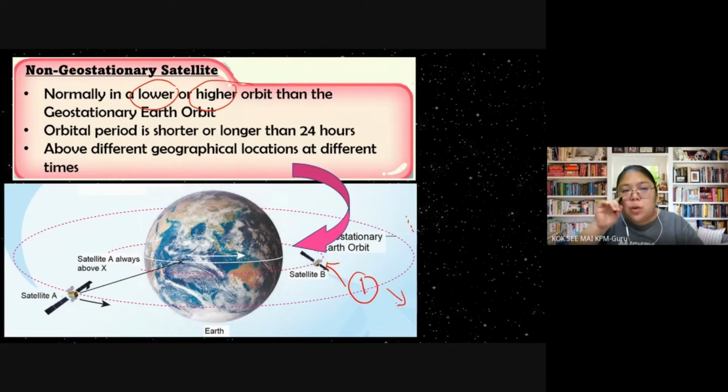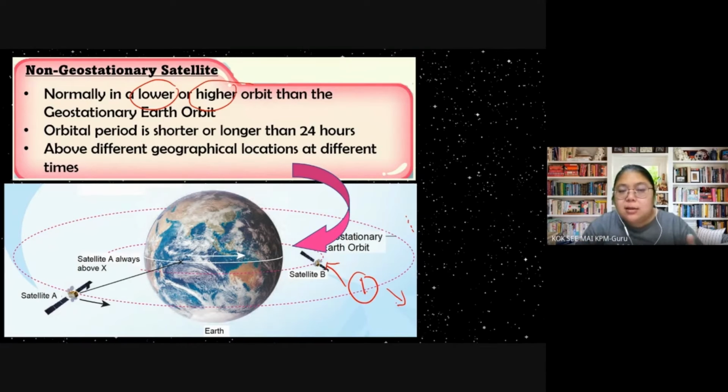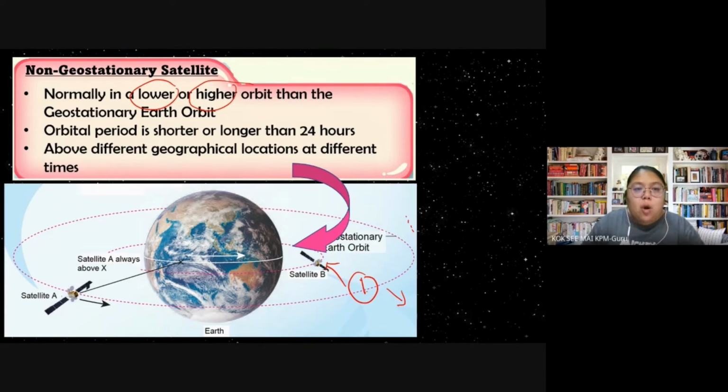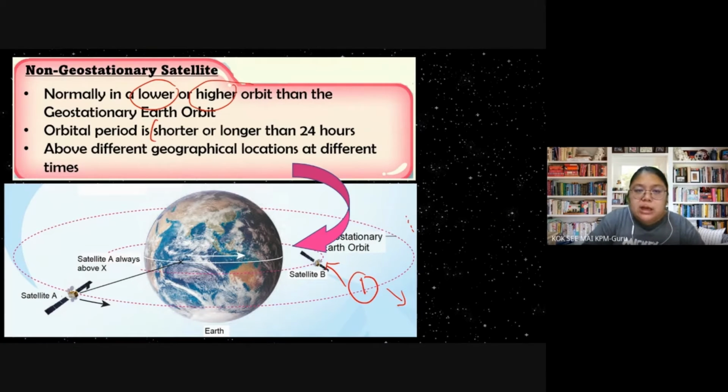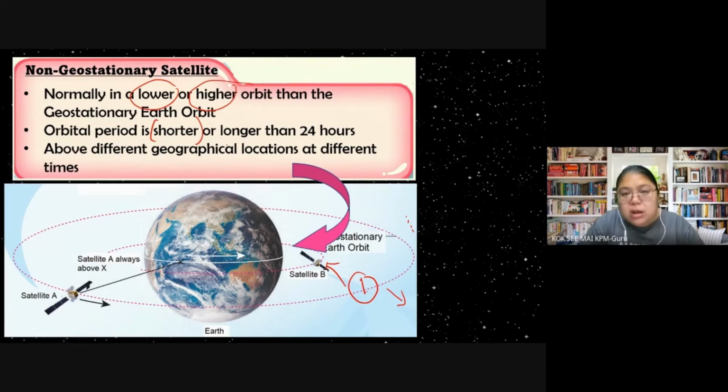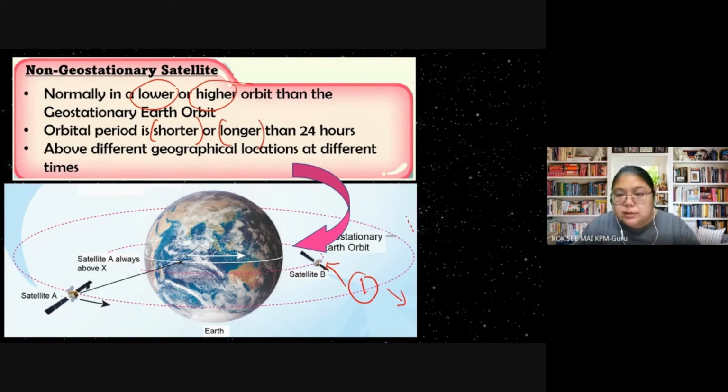So non-geostationary satellites are not on a fixed line. They can move inside, they can move outside. For orbital period, if you are inside, it is shorter. If you are outside, it is longer. So it depends. The period may be longer than 24 hours or shorter than 24 hours, which means they do not exactly follow the Earth's rotation.